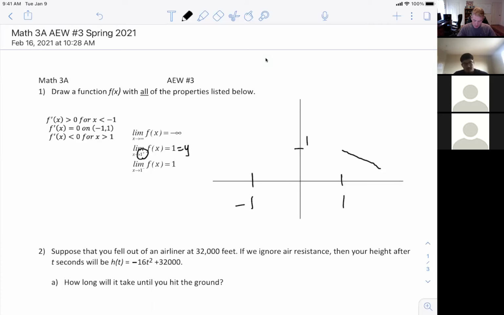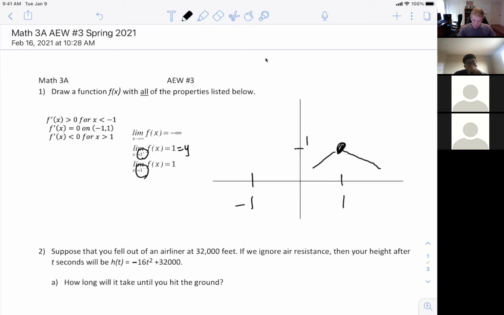And at this point, I don't know if it was supposed to go like this or what, but it's supposed to end up at a Y value of 1. So I'll just stick with my original. And then this part is saying if you're on the left side of 1, then it's also reaching a 1.